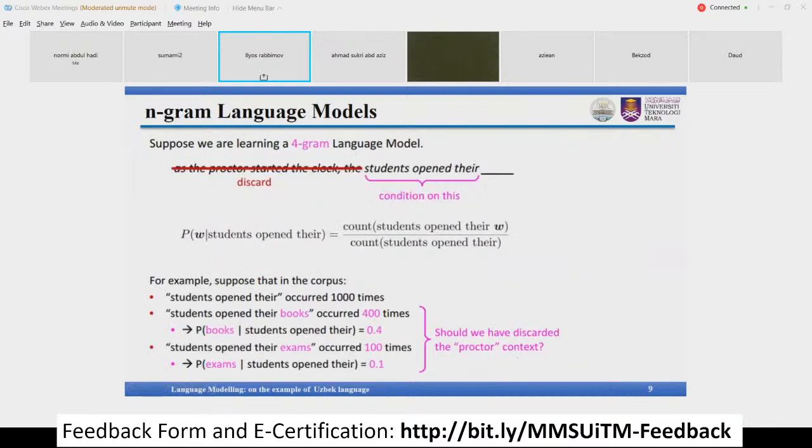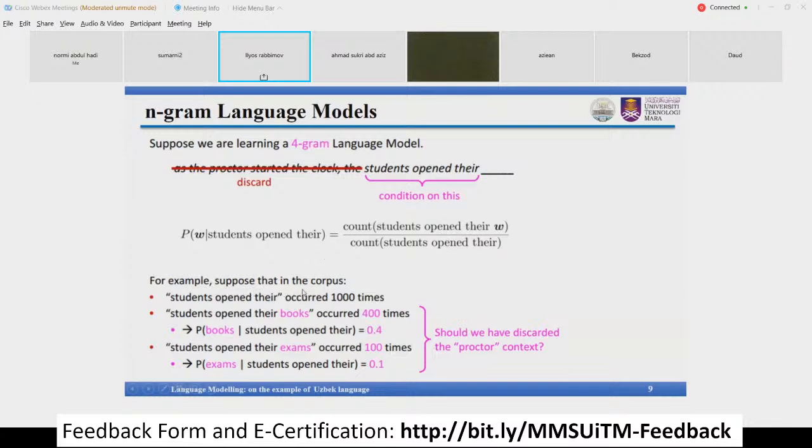Suppose we are learning a 4-gram language model, and this is a given sentence. We choose the last 3 words, and the 4th is the predicted word. This is called conditioning on this. The other words are discarded, and we compute the probability of W given students open there. First we count the pattern students open there W in context, and then count the pattern in the whole corpus and divide.